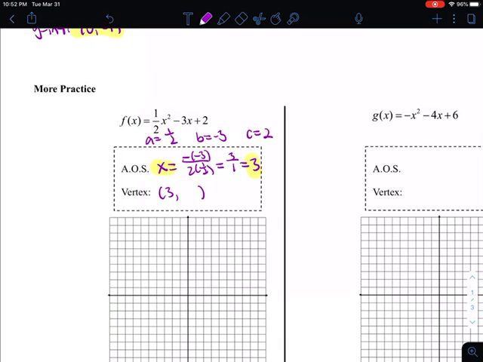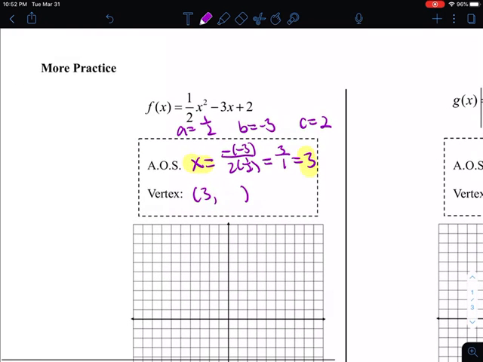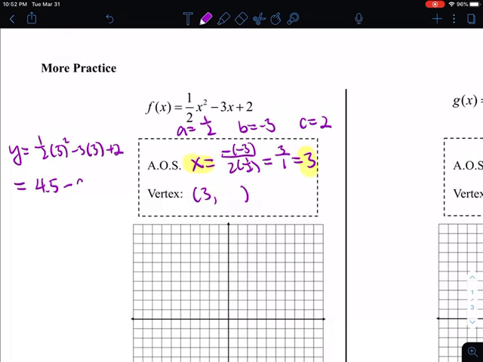And then for the y value, we can once again plug that into our equation. So I have y is equal to 1/2 times 3 squared minus 3 times 3 plus 2. And again, you can use the calculator to do this part. I should get 4.5 minus 9 plus 2. I think that's negative 2.5.